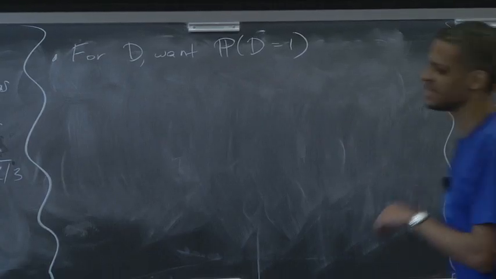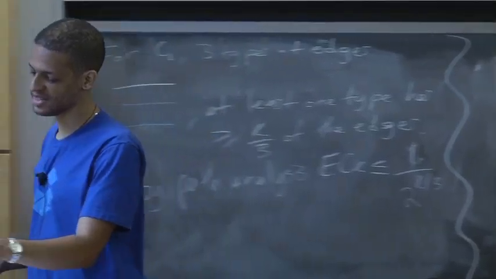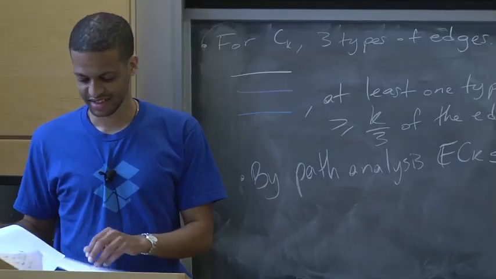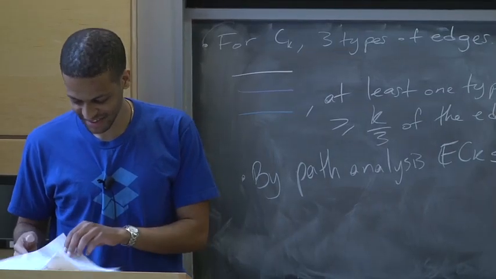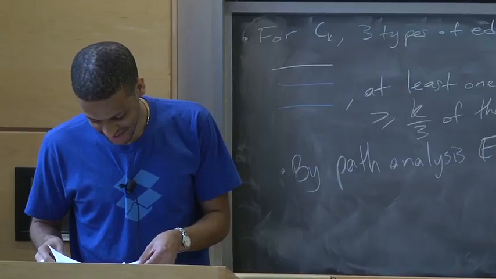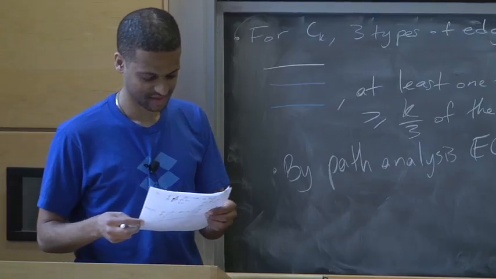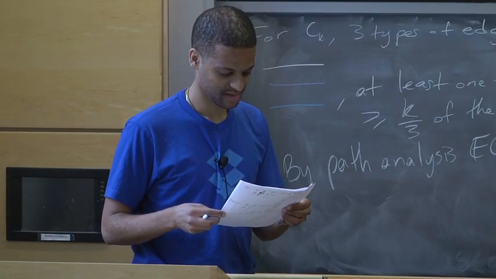Okay, so this is the kind of calculation where if you're off by 1s, you get a completely wrong answer. So I want to make sure I'm not off by 1. Let's see. Okay.